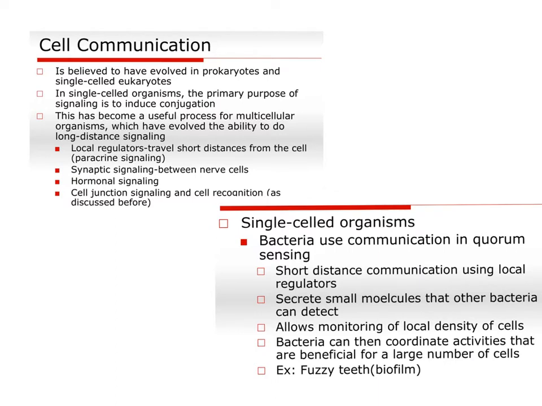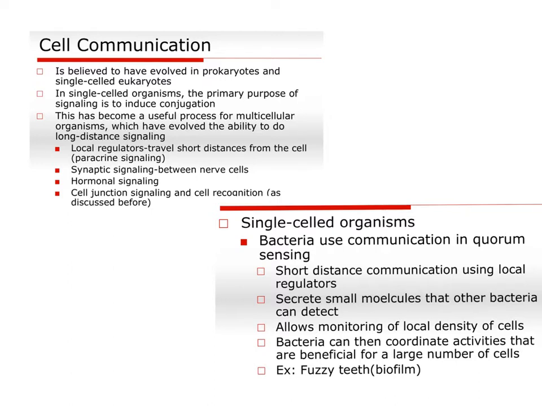Now cell communication itself, as you saw from the TED Talk on bacterial communication, is believed to have evolved in prokaryotes and then possibly even some single-celled eukaryotes. You can have differences in the distance through which signals are sent. You can even have cells signaling themselves in the case of autocrine signaling.